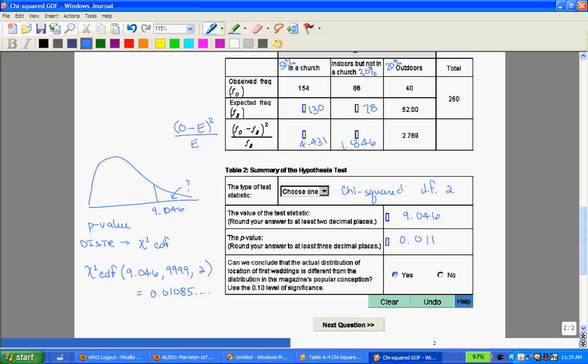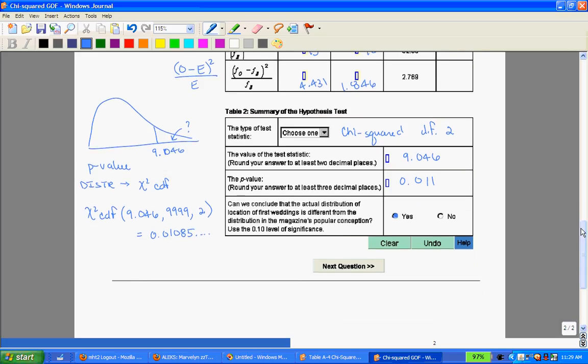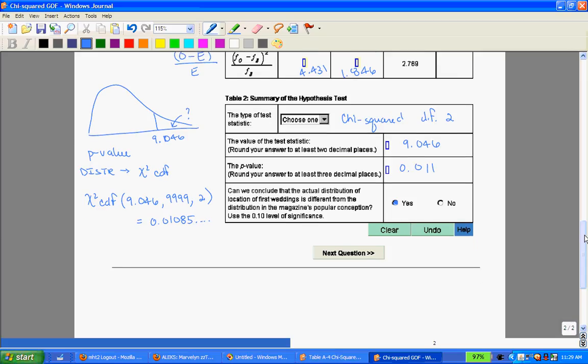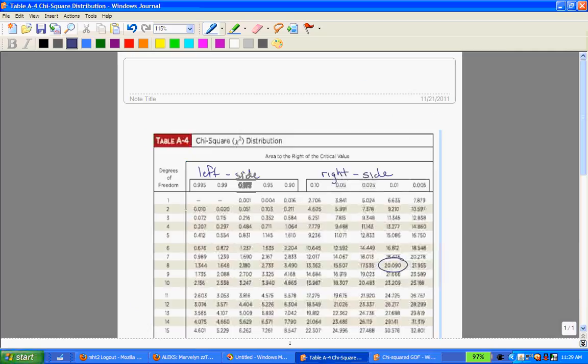and we're saying that yeah, they are different. Another way we can look at that is, now it didn't ask for it, but they're telling us to use 0.1 as a level of significance. We could look that value up on our chi-square chart. So if we go back to what we're used to doing, 2 degrees of freedom and go over to 0.1, and that gives me 4.605.